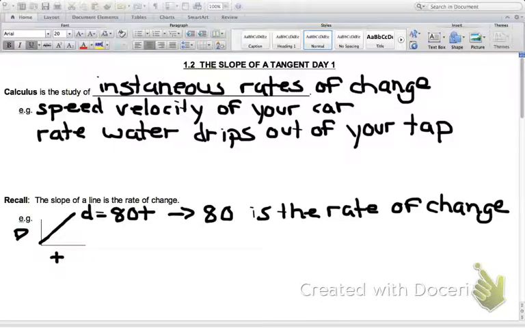Now what if I gave you this equation here where d is equal to 40t? Can you tell me what the rate of change would be?